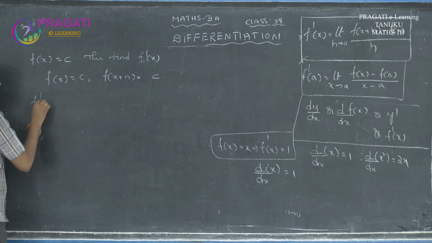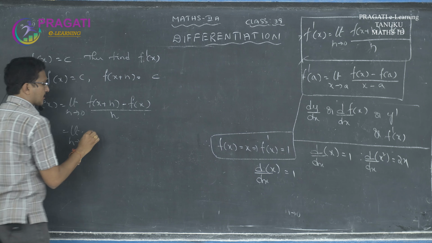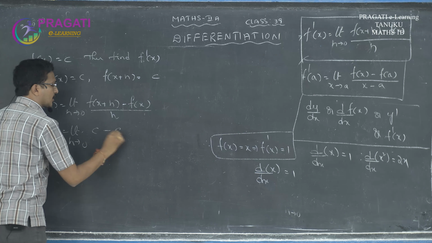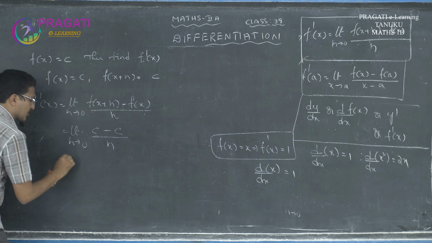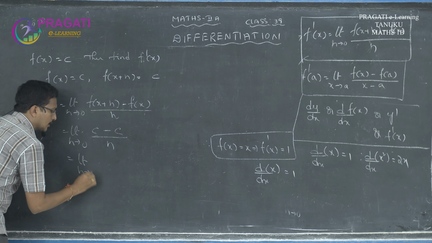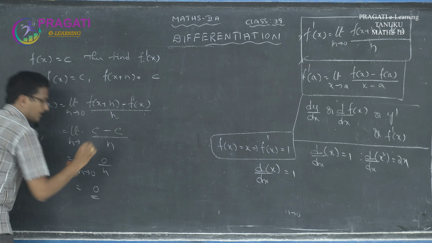Now the formula is f dash of x is equal to limit h tends to 0, f of x plus h minus f of x by h. Limit h tends to 0. Here f of x plus h means c minus f of x is also c by h. c minus c is 0. 0 by h is equal to 0. 0 by anything is equal to 0.